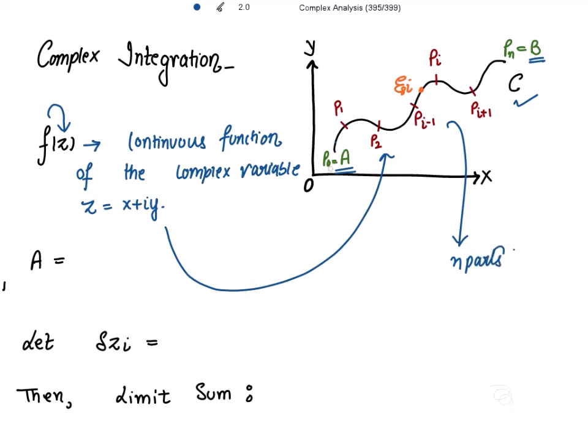At the points, we take the first point A, the initial point, to be P0, then P1, P2, up to Pi minus 1, Pi, Pi plus 1, up to Pn.